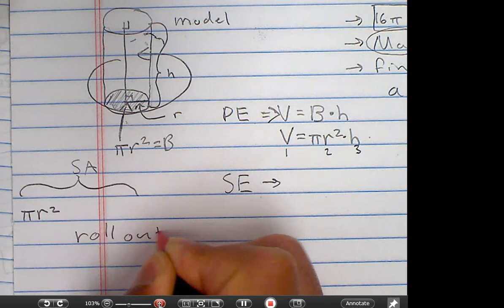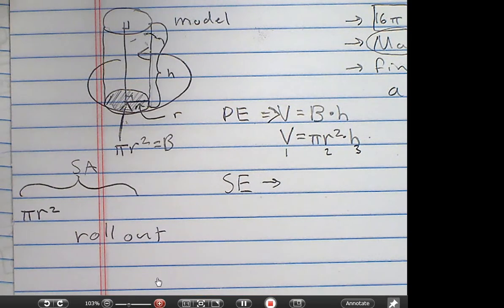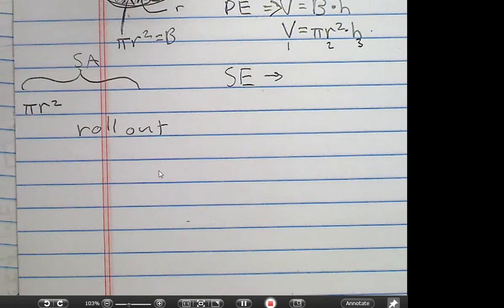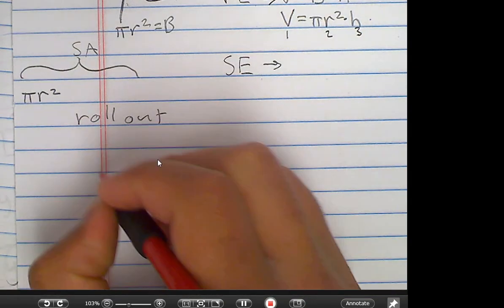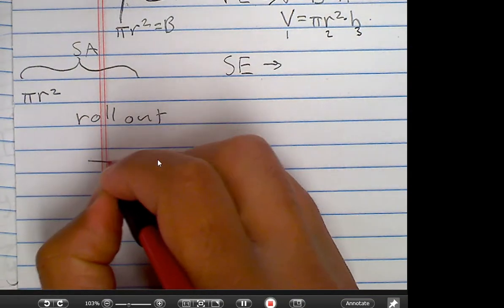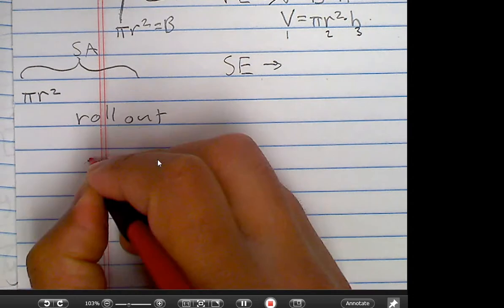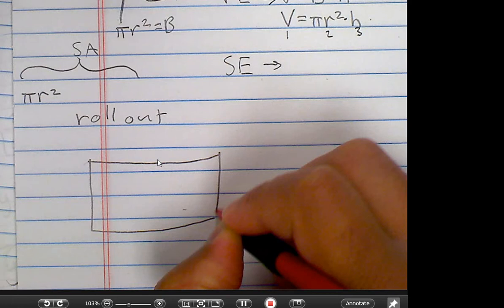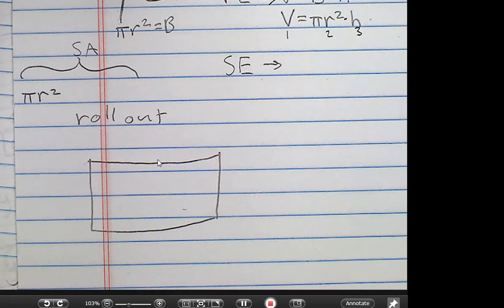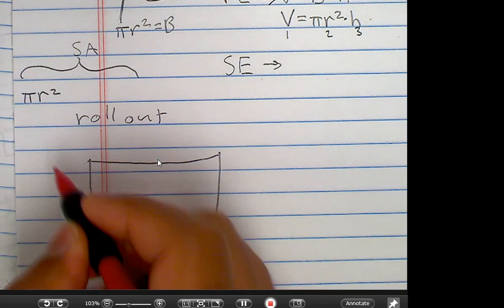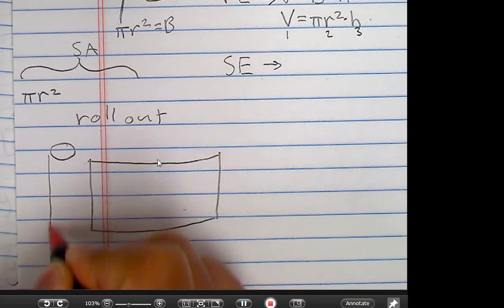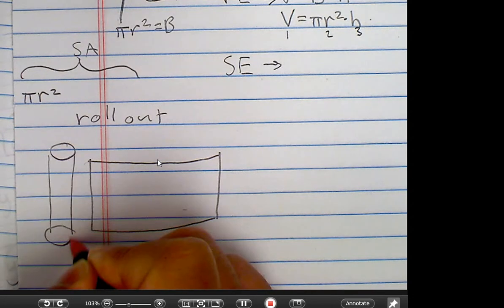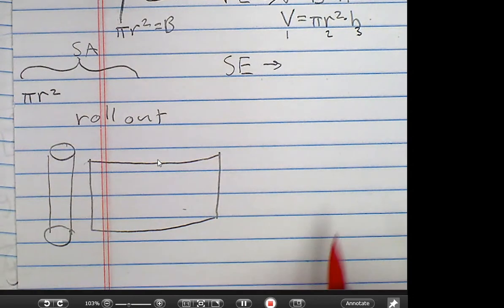So what we want to do is roll this out. Notice I've got it curved. I didn't roll it out all the way. You have to imagine you had this cylinder and you just rolled it out. So what's the area of this?